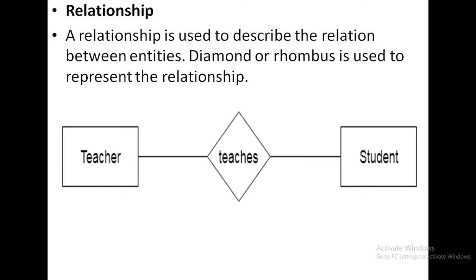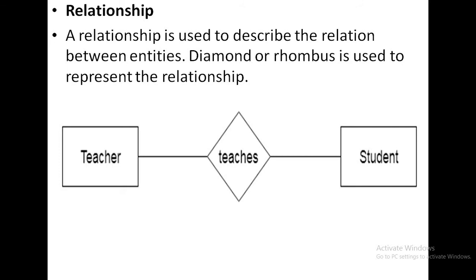Suppose within the diagram, teacher is an entity and student is another entity. If we want to describe the relationship between the teacher and student, then we will use a relationship, and the relationship is represented by a diamond shape or a rhombus shape.